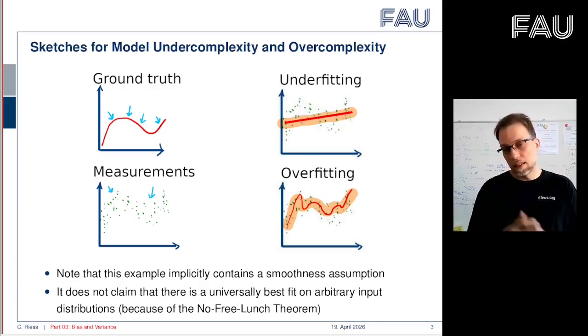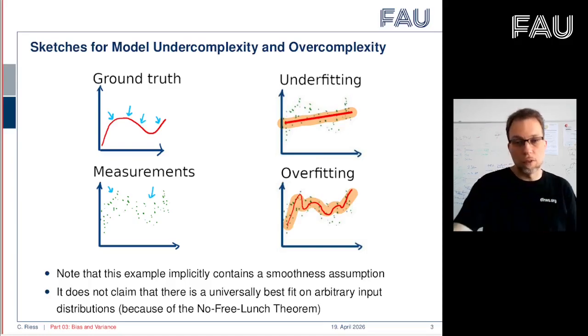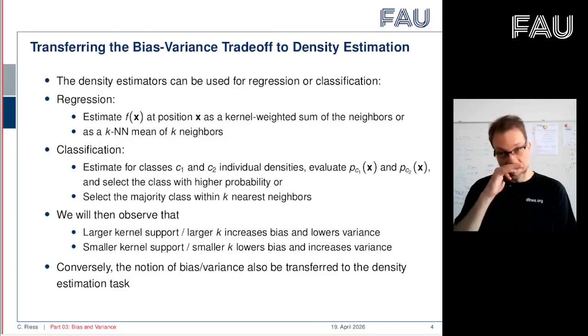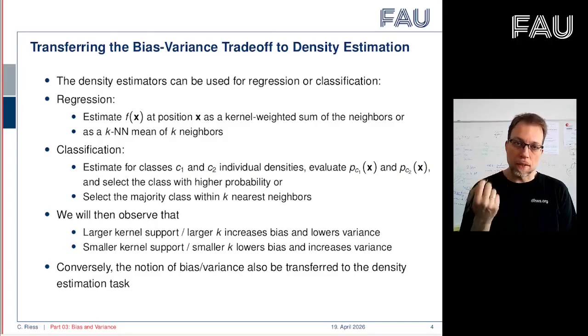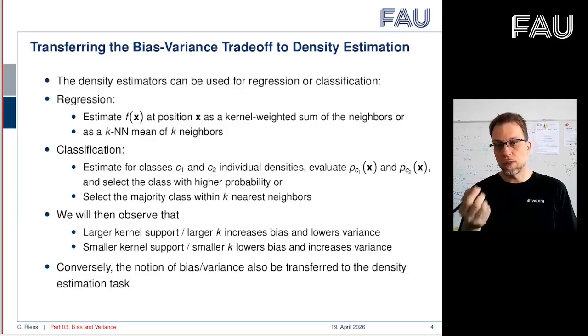I think intuitively this also makes sense, but you have to tune this to the task at hand, the data at hand. Okay. So let's have this conversation about the bias-variance trade-off in the context of density estimation.